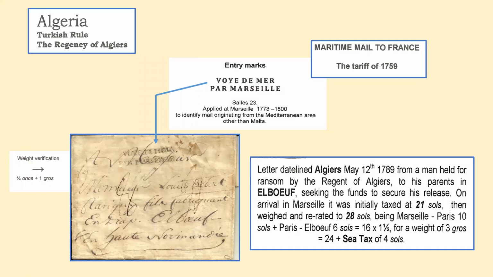Next, we have a similar item, which was dated 1789, but this time not as the last one, because this one, interestingly enough, is a heavier letter, and it weighs 1/4 ounce plus 1 grove, a grove being a fraction of an ounce, and taxed.